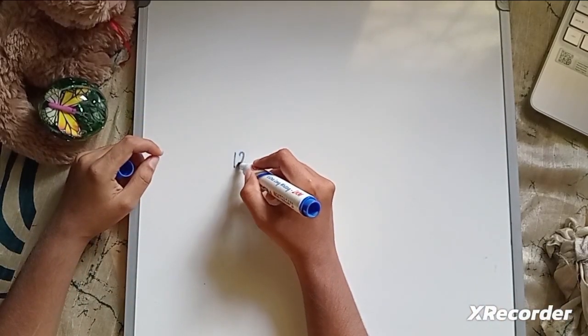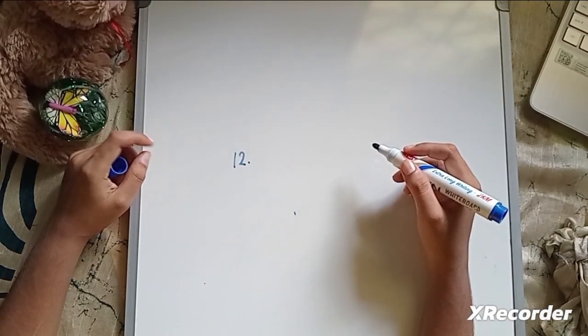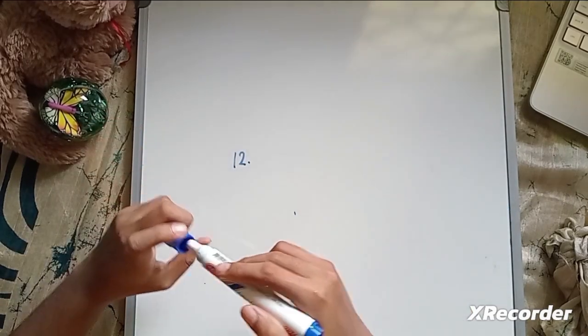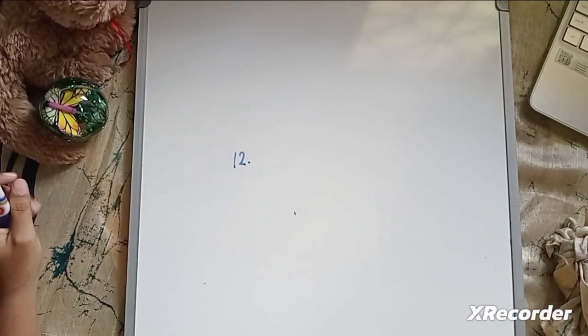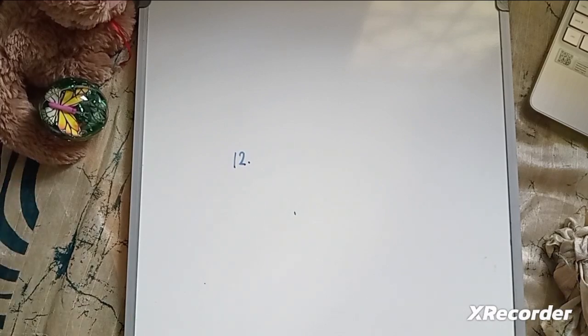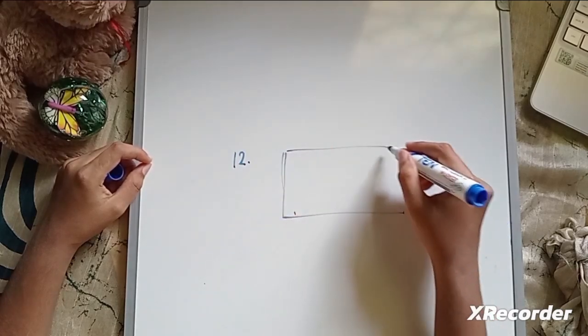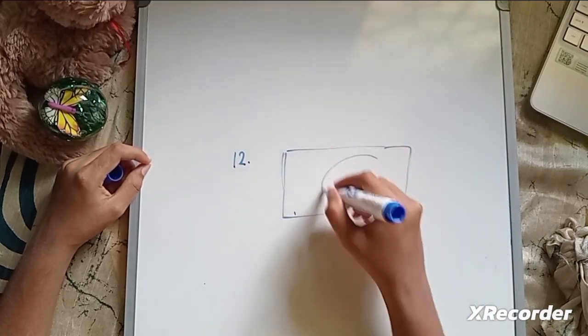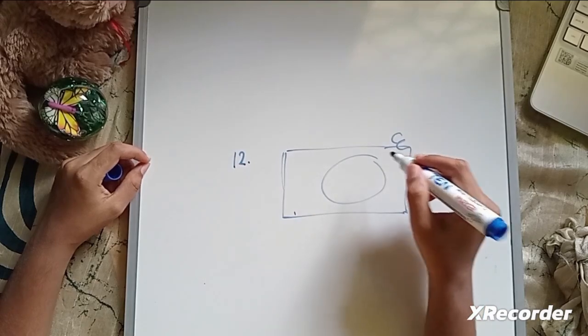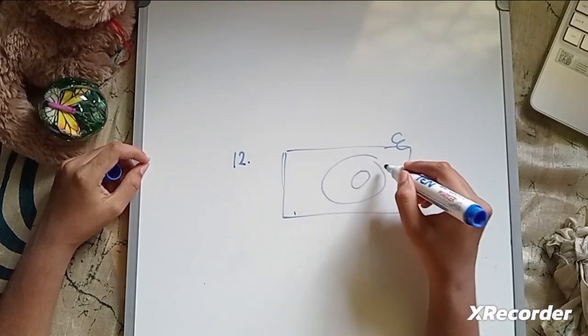Twelfth question. In the Venn diagram, shade the region A intersection B dash, or B complement. So simply you have to remember these terms. You can easily do this type of problem.